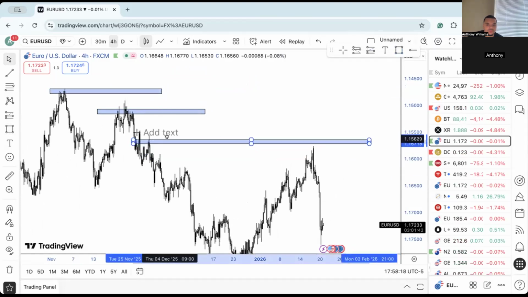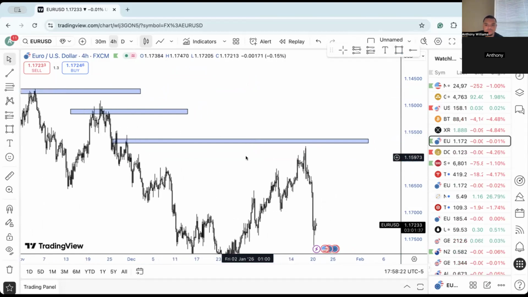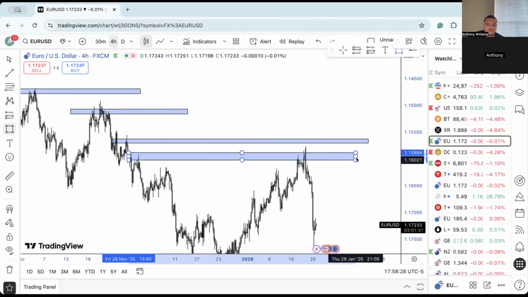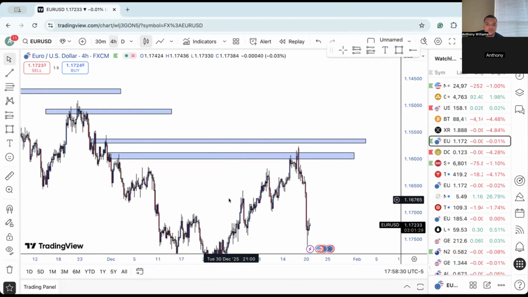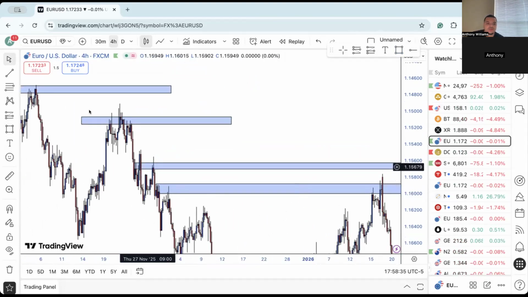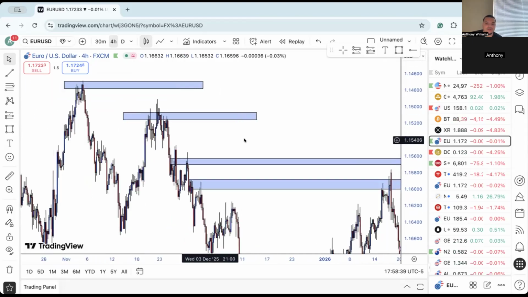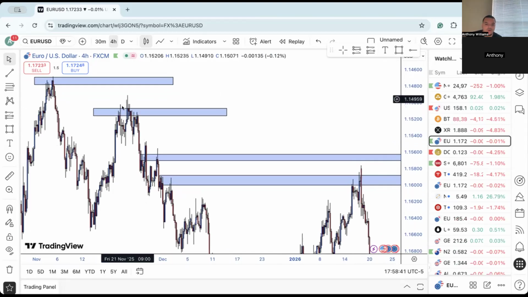So basically, all I'm doing is marking up, and you don't need all these boxes. I just have to show you why I'm doing it. Since we're in sales, that we saw on the daily and that we see on this 4 hour, all I did was mark up resistance areas.